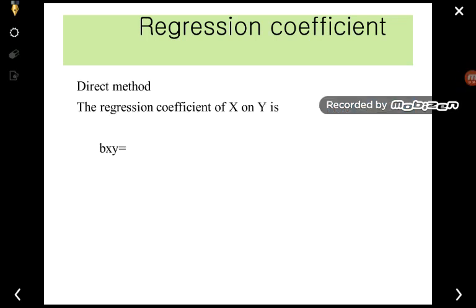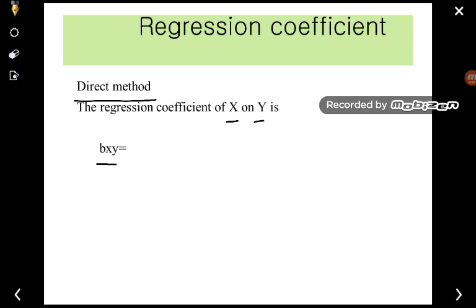The regression coefficient can be represented by means of the formula, the direct method. The regression coefficient of x on y is represented by bxy. Always remember that x should be first and y should be later on.